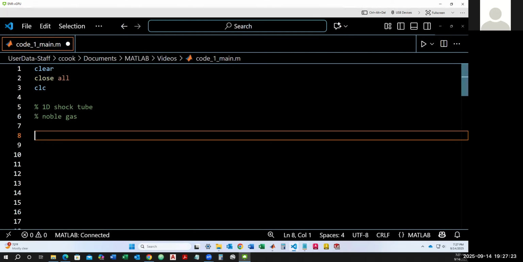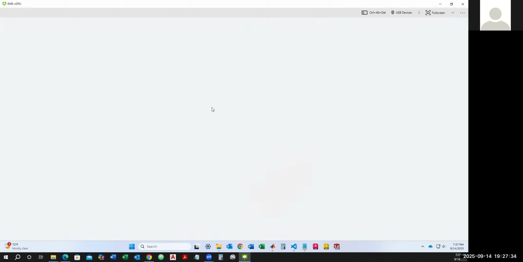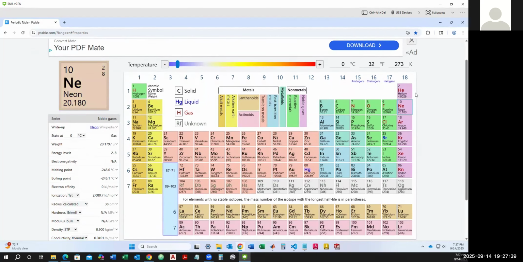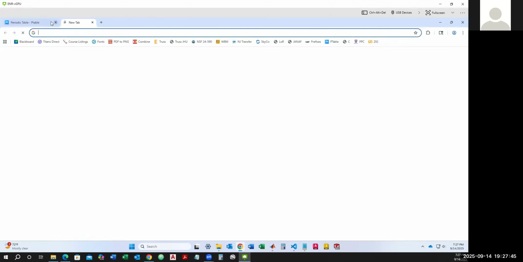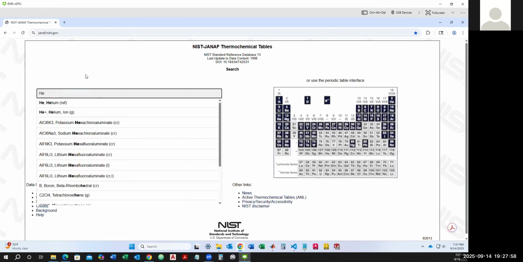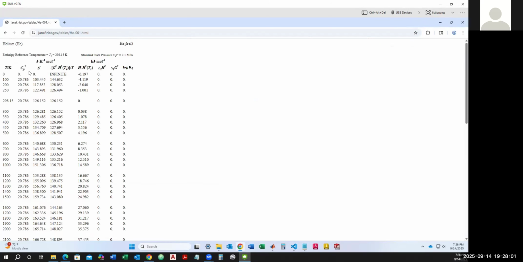So again, we're going to set up the 1D shock tube problem for a noble gas. If we go to the periodic table, we're talking either helium, neon, argon, krypton, xenon, radon. If we go to the NIST JANAF thermochemical tables, we'll look up, for example, helium.